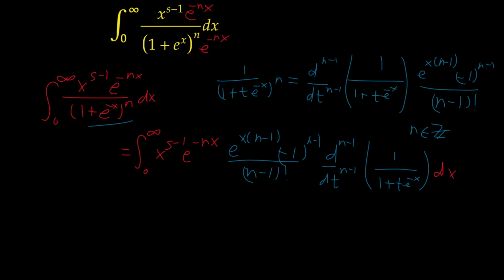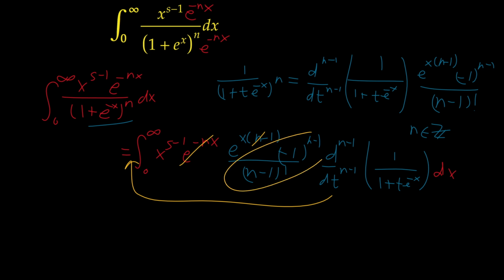And when you look at this, it seems incredibly ugly, but you will notice quite a number of things. First off, these terms right here partially cancel, so whenever you distribute the x, you can cancel those. Secondly, as I said before, we can just move the derivative outside along with these terms. So our integral is actually just going to be a derivative of an integral.